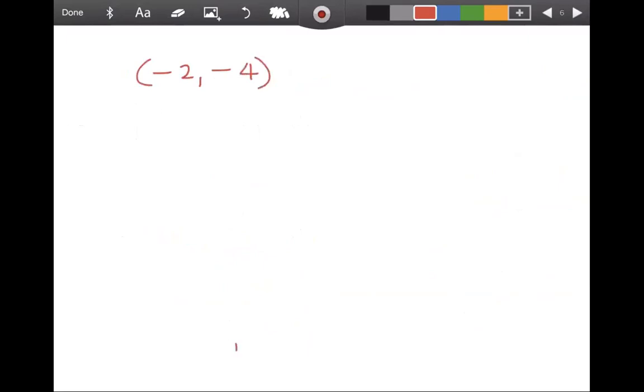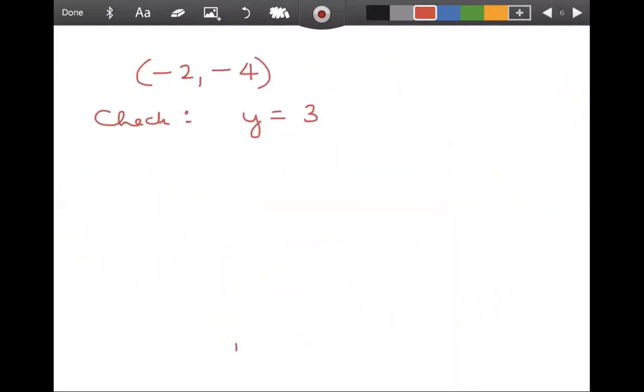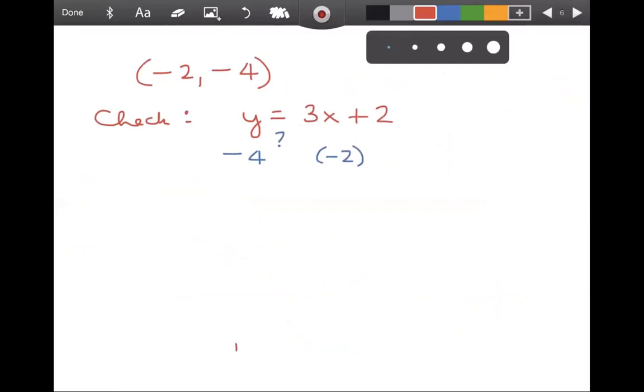Remember to check it in both equations, starting with y equals 3x plus 2, right? Yes. Okay, so if I substitute -4 for y and -2 for x, I am wondering if -4 is equal to 3 times -2 plus 2.